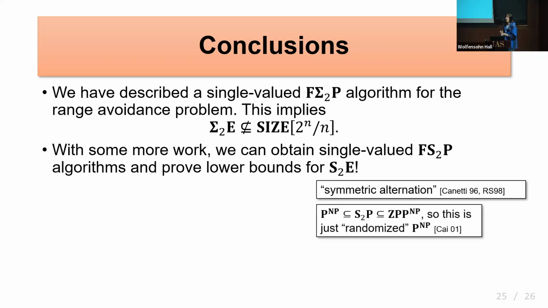I didn't have time to define it here, but roughly speaking, it's something between P^NP and ZPP^NP. So you can think of it as a randomized version of P^NP. So we can prove circuit lower bounds not only for Sigma 2E, but also for this seemingly smaller class S2E. It's very interesting to note the more work here refers to like 15 pages in our paper, but only 2 paragraphs in Zeyong's paper.